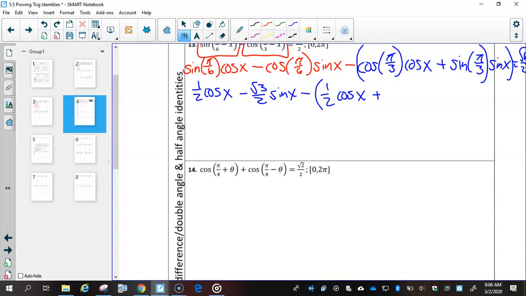Sine of pi over 3? Root 3 over 2. Then I'm going to go ahead and distribute this negative.